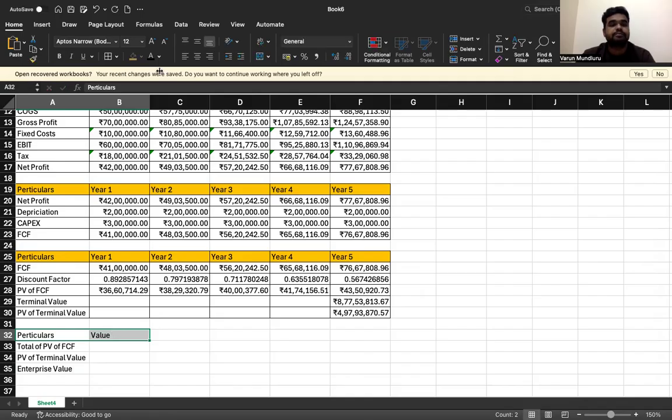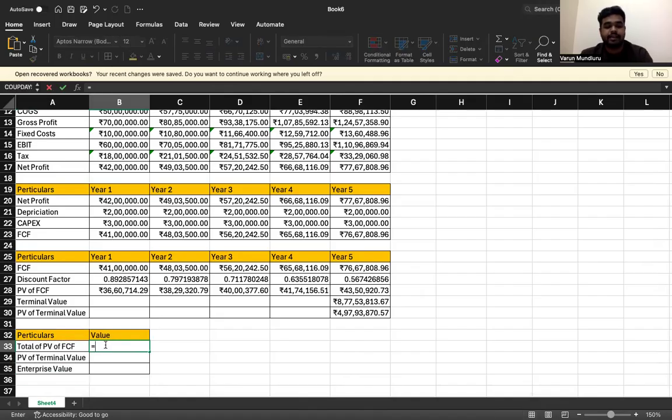Now let us first find the total of the present values of future cash flows, sorry, free cash flows, that is summation of present values of free cash flows.